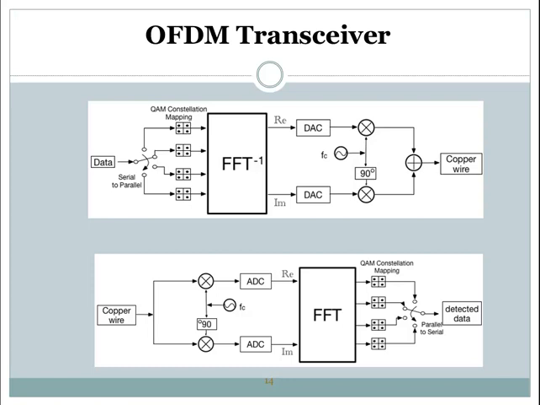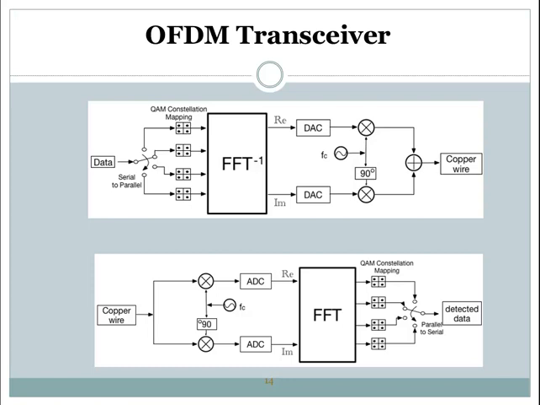Each stream is mapped into a QAM symbol, and these parallel symbols are fed into the inverse FFT. This transforms the frequency domain signal into a time domain signal, which is mapped onto the carrier and goes through the actual physical channel, the copper wire.